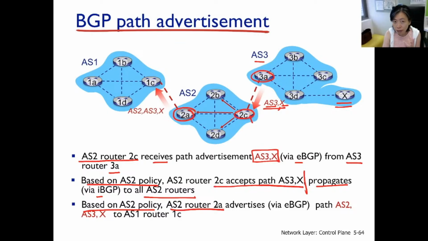If 2A here is allowed to advertise the discovered path to AS1, then we form the new advertisement AS2, AS3, and X, and then send it to 1C that belongs to AS1. So once again, before the extended AS path can be advertised further to the rest of the internet, we check the export policy.